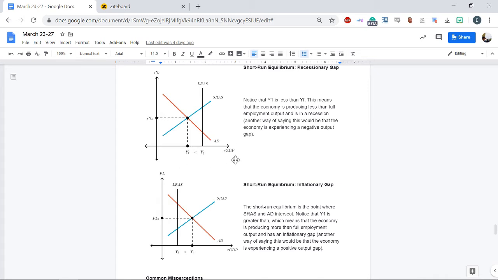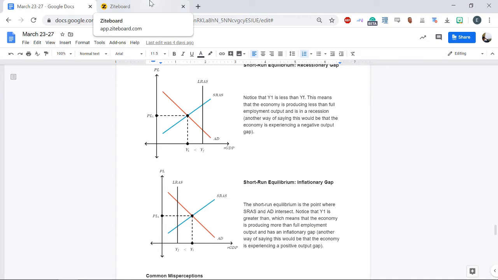So remember that unemployment is also tied to the long-run aggregate supply, and it's also tied to the real GDP. So because Y1 is less than YF in this scenario, we have higher than usual unemployment. And remember, full employment does include the natural rate of unemployment.